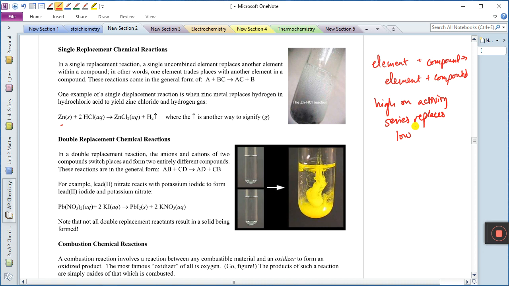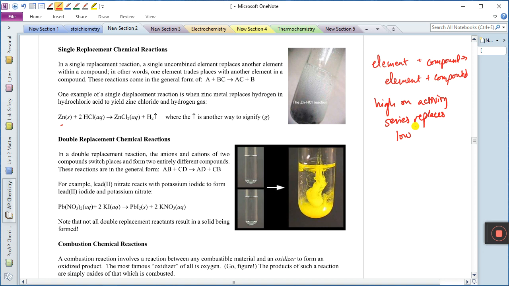If you put lithium metal in with any other metal compound, it will replace that. Silver, on the other hand, really, really low. So if you put silver metal in most solutions, you're just going to keep silver metal. Your jewelry metals tend to be pretty unreactive. That's why we use them for jewelry, because they'll actually stay. Also why they got used for coins, because they would stay that metal. Silver will tarnish some, but not too badly.